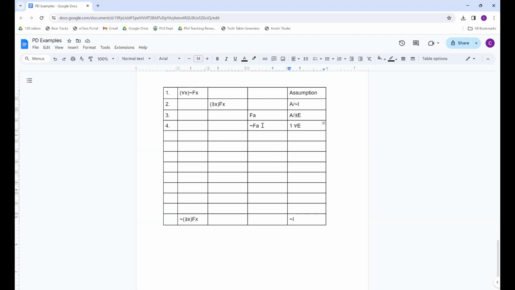But we have a problem, which is that this here is behind an extra scope line, right? The negation introduction subderivation is over here. This contradiction is embedded inside this scope line. And remember that anything involving this constant that we introduced here, we can't pull out into this subderivation.